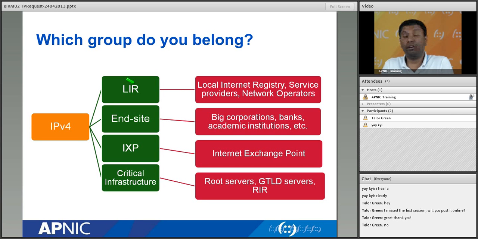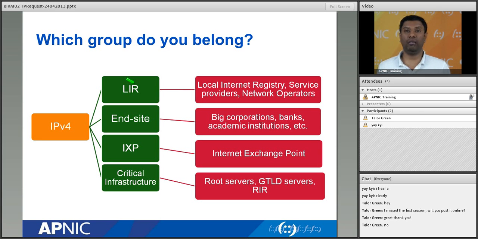End sites, for example big corporates, banks, academic institutes, need portable addresses. Portable address means for your scalable networking purpose, to build a scalable network environment in your infrastructure, you might need link redundancy.